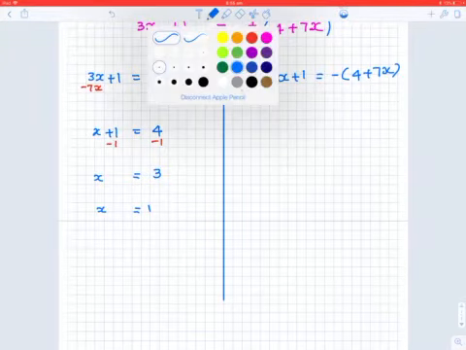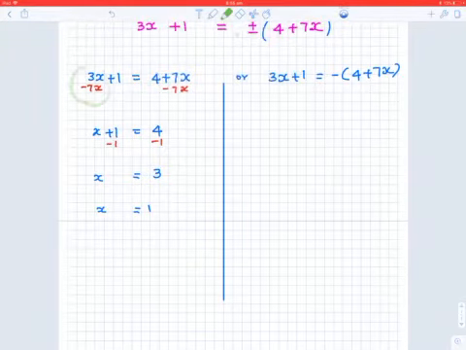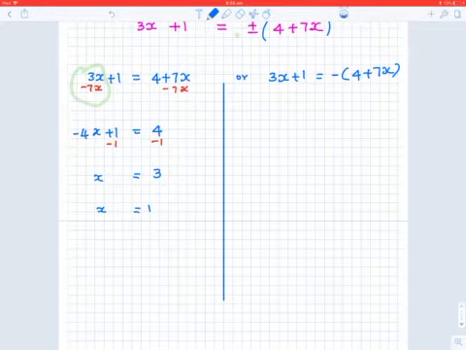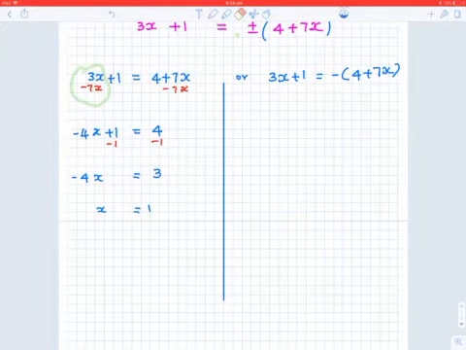Okay, this is not 3x. It is 3 minus 7x here, which is minus 4x, plus 4 is this.